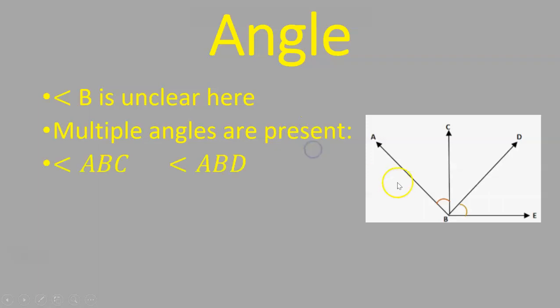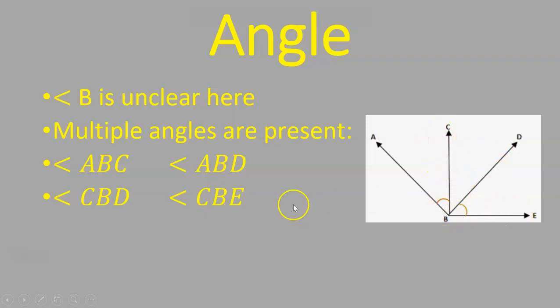Okay, here we have many angles. So say an angle B would not be clear because it could refer to one of several angles. We have angle ABC, that's that one on the left. ABD is one that's split, but we have an angle ABD. Angle CBD, okay, kind of this middle small angle.